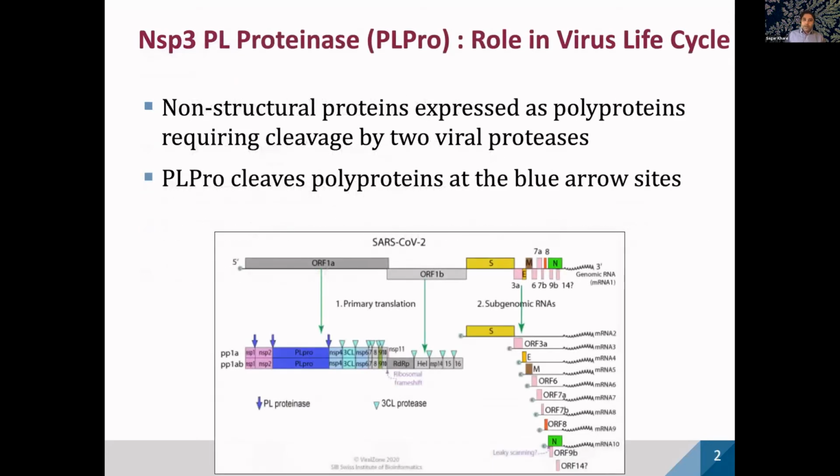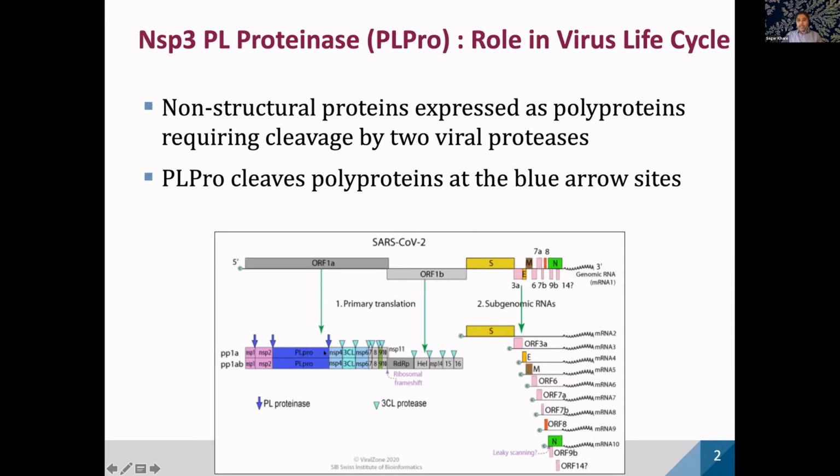So as David mentioned, the viral proteins are expressed as a long polyprotein, which requires cleavage by two viral proteases. And Papain-Like Protease, or PLpro, is one of those two proteases that makes cleavages at these indicated sites by blue arrows. So effectively, it liberates three proteins, including itself.